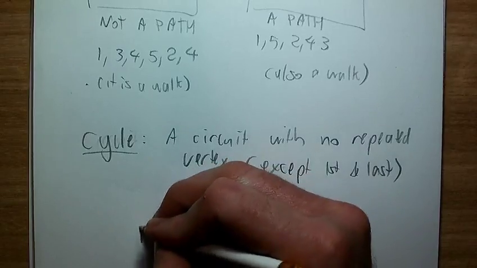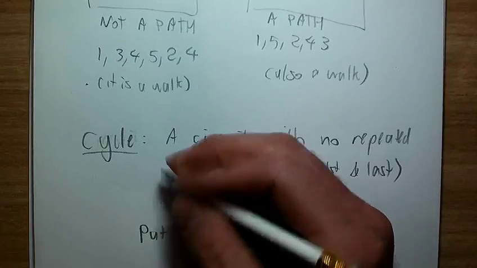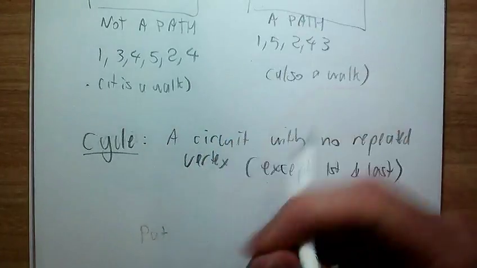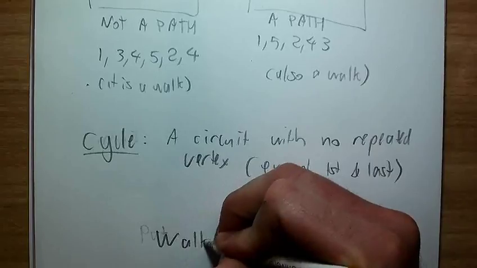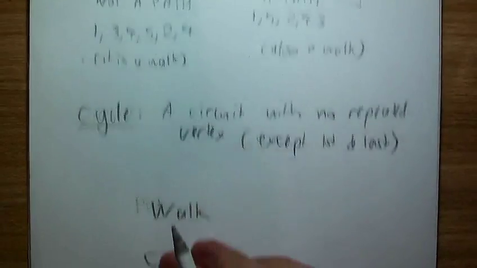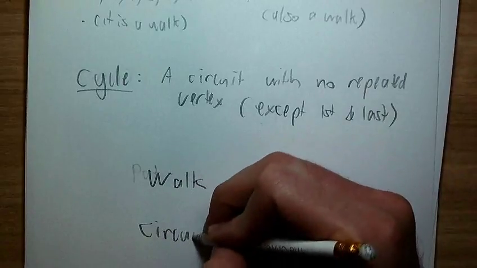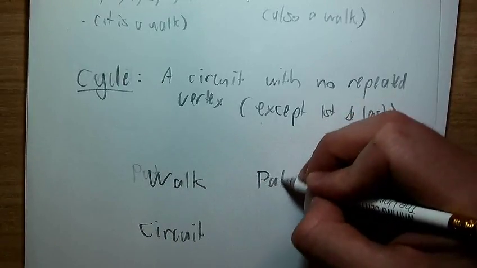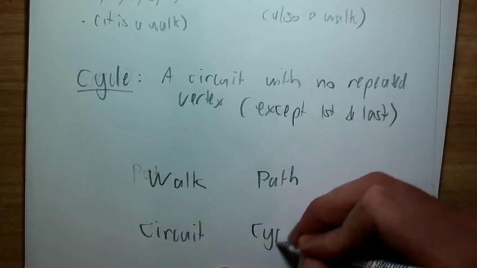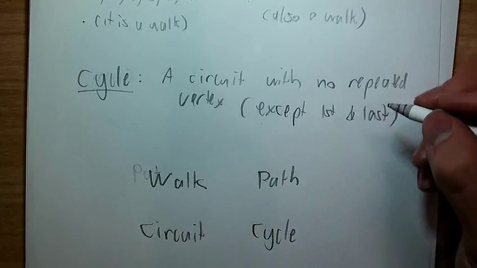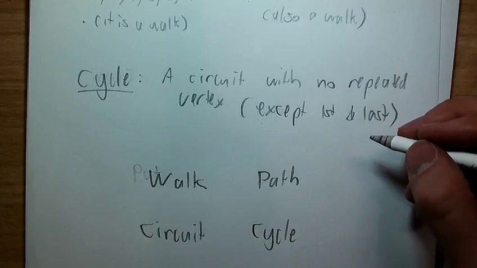We've sort of got a path, we've sort of got a walk and a circuit, and we have a path and a cycle. And these two don't come back.